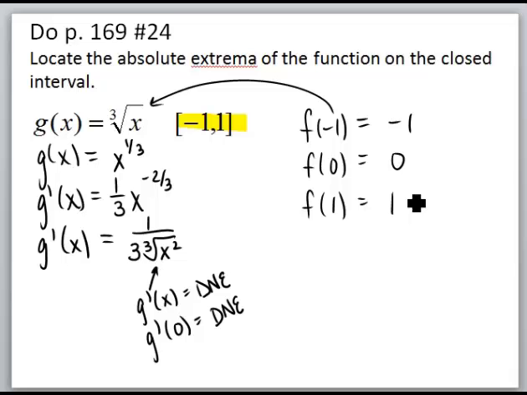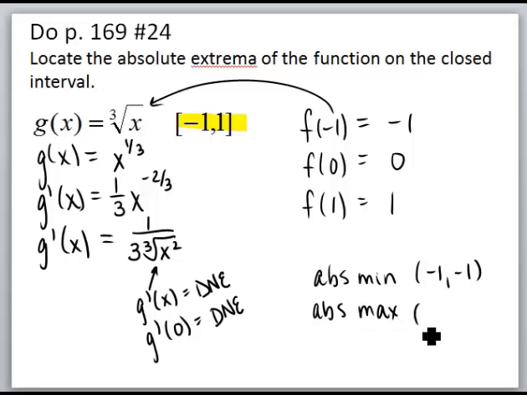So my absolute minimum is at (-1, -1). My absolute maximum is at (1, 1). And that's just from this. This is the x value, this is the y value. This (0, 0) isn't anything but a critical point.